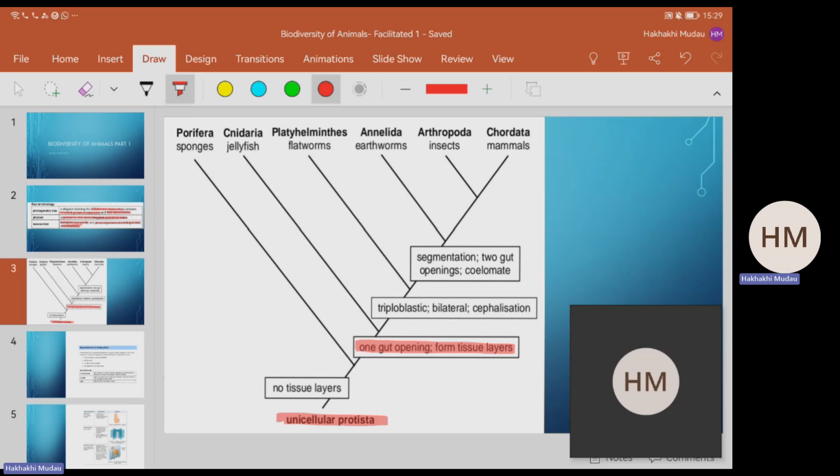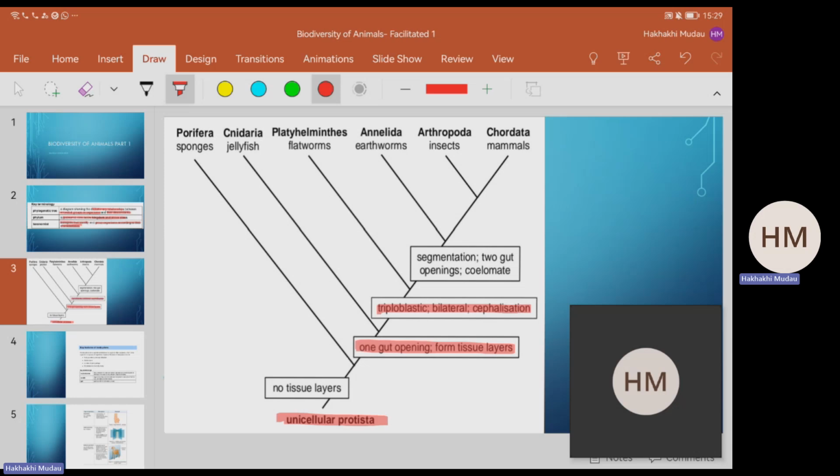Then the coming generation develops three layers, which we refer to as being triploblastic, and then it has bilateral symmetry, meaning that it can only be cut into two equal parts using one plane. But we're going to go deeper into this as we move.